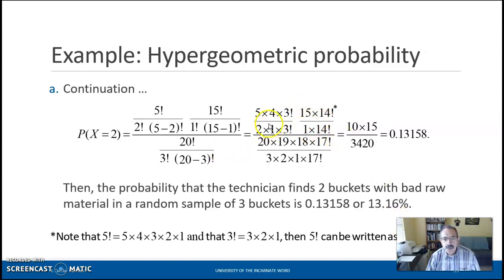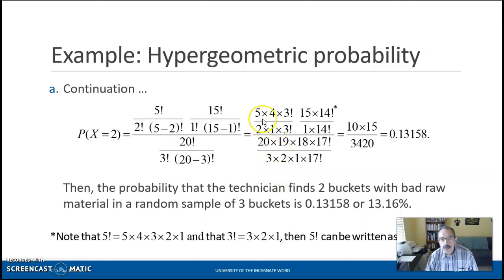So let's take, for example, this 5 factorial. Then from what we learned in chapter 4, you know that 5 factorial is 5 times 4 times 3 times 2 times 1. And 3 factorial, of course, is 3 times 2 times 1. So you can see that I can write 5 factorial as 5 times 4 times 3 factorial, because 3 factorial takes these 3 numbers.